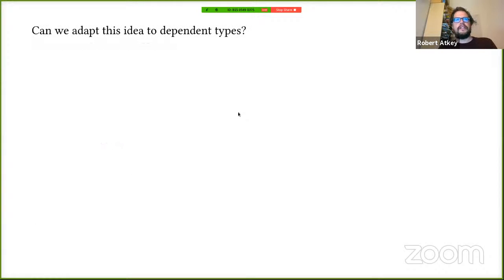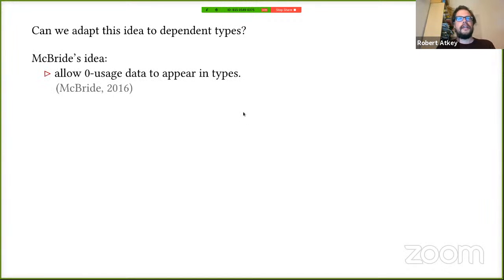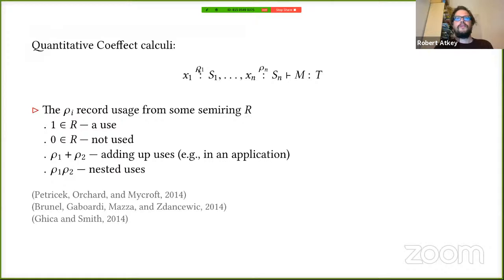Now, the key point is to try to adapt this idea to dependent types. Our key tool here is the fact that there is a 0. Conor McBride's idea is to allow 0 usage data to appear in the types. So in these judgments, if we have something annotated with a 0, then that means it's not used in some sense.